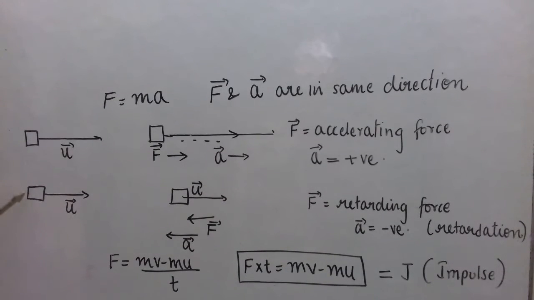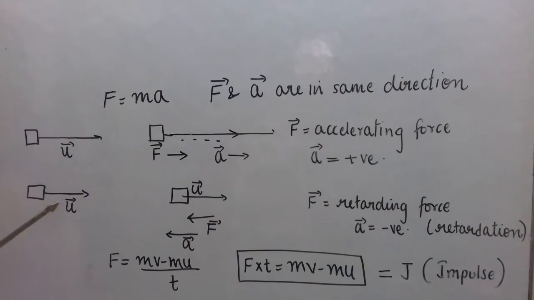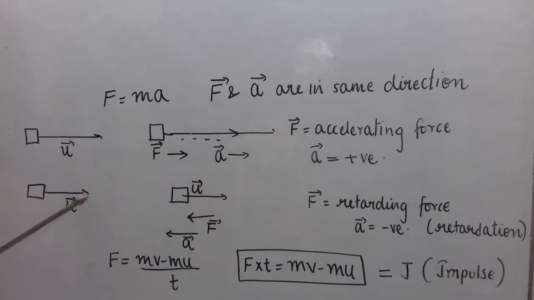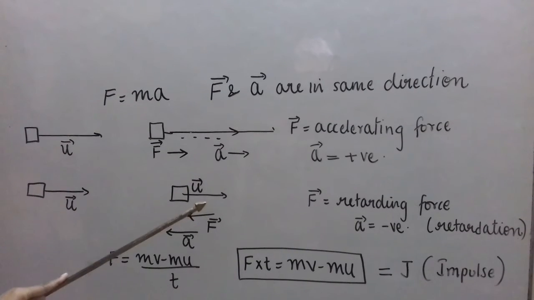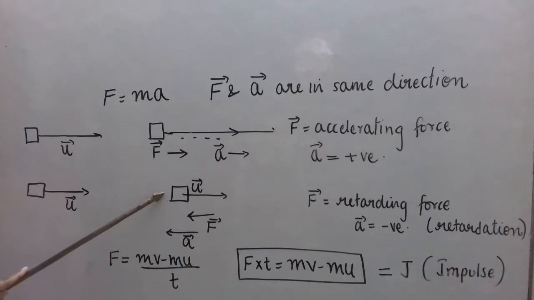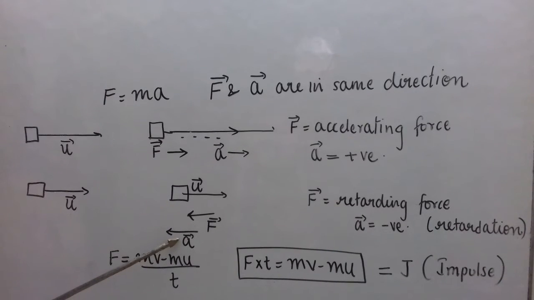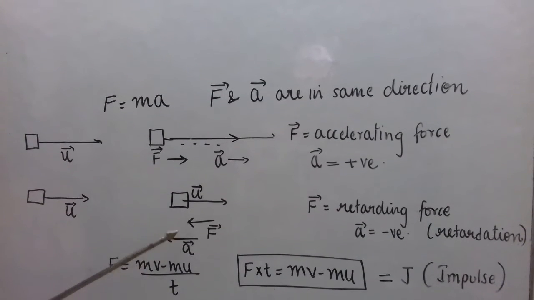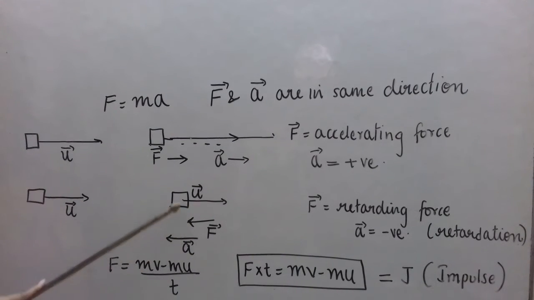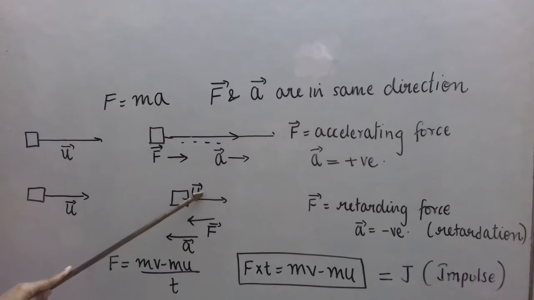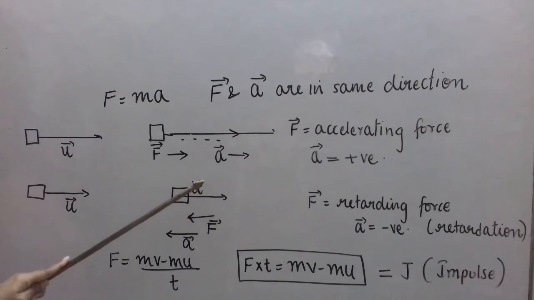Now if the body is moving with some initial velocity u bar in this direction and force is applied on it in the opposite direction, then in this case acceleration will also be in the opposite direction, that is, opposite to the direction of motion of the body. So in this case the velocity of the body reduces, meaning it is a case of retardation.